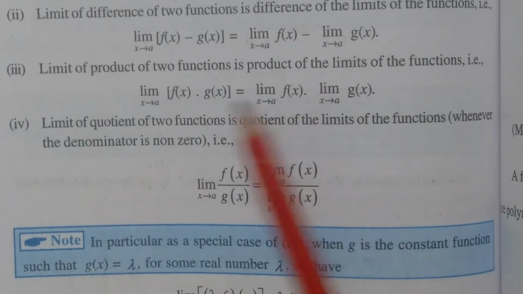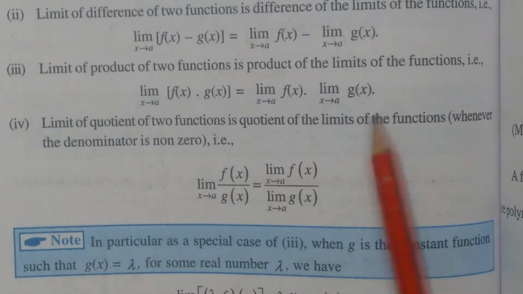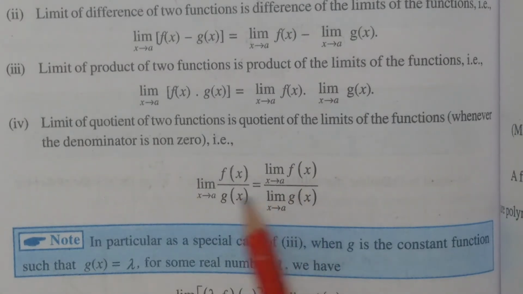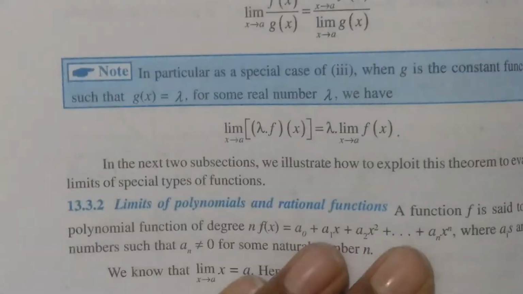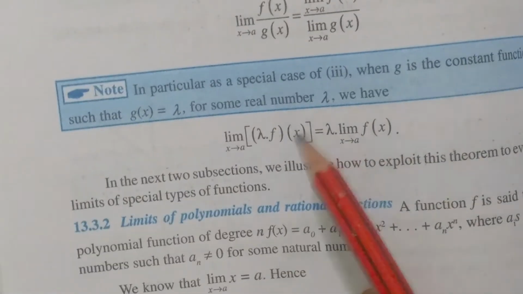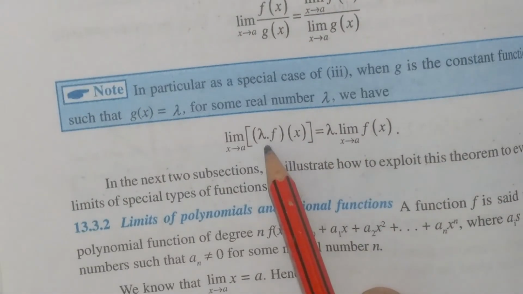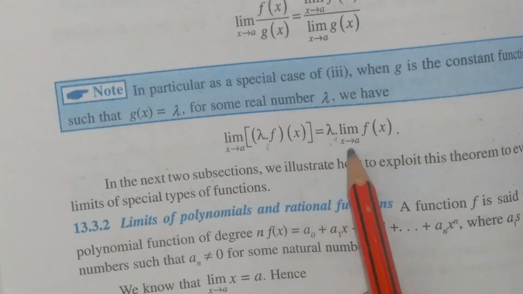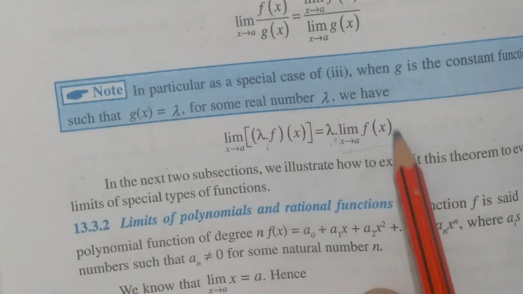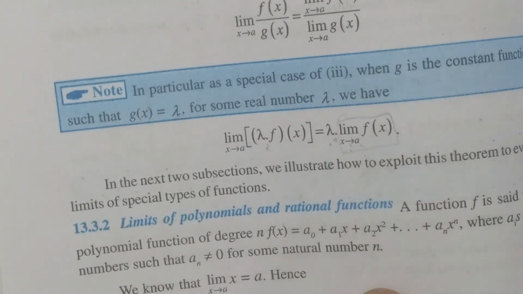The product case is also written here, and in case of division we can write this way too. Moreover, if lambda is any constant, then this constant can be written outside, and we only take the limit x approaches to a of f of x.